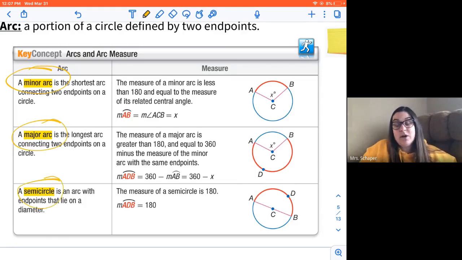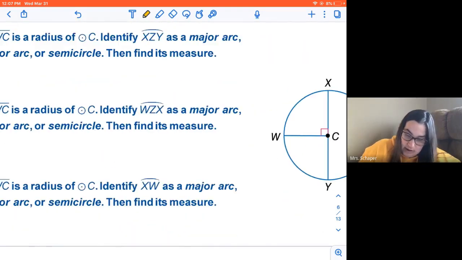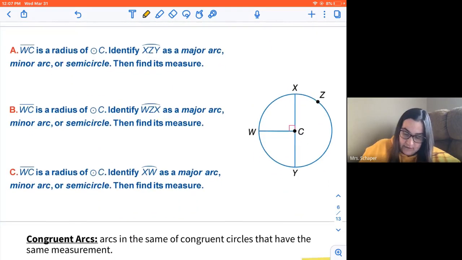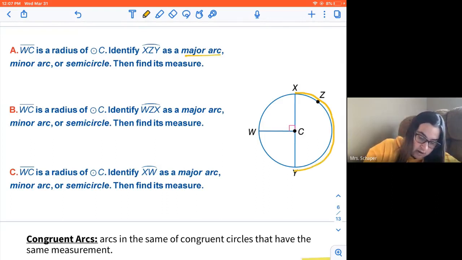Minor is less than 180 degrees. Major is more than 180 degrees. Semicircle is half, or equal to 180 degrees. All right, so here we go. If WC is the radius of circle C, arc XZY, so we start at X, go through Z, and get to Y, is that defined as a major arc, a minor arc, or a semicircle?